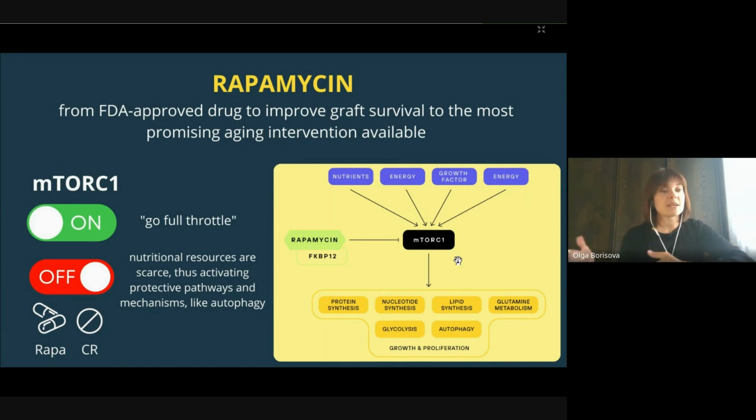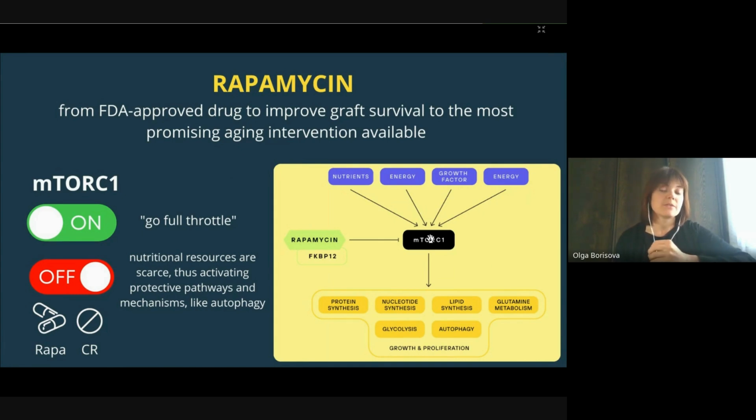It's the mechanistic target of rapamycin, and it's a protein in our body that is like a master controller in our cells. It analyzes a lot of signals like nutrient availability, energy availability, and growth factors. It can actually be in two modes.